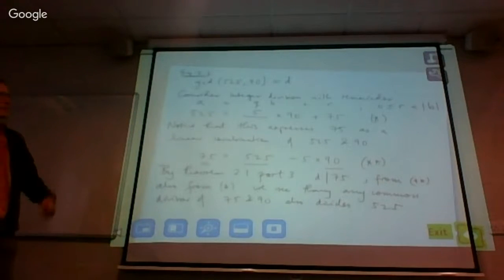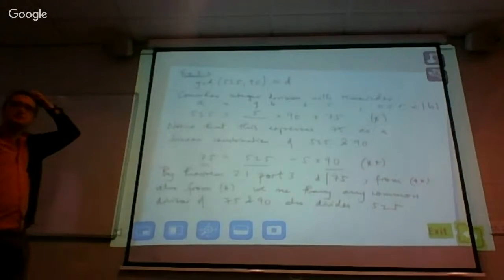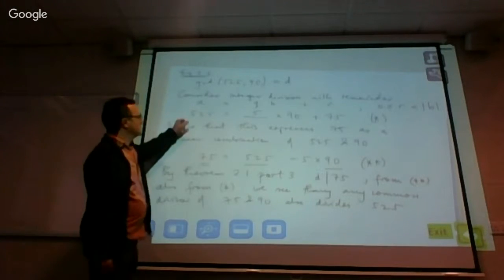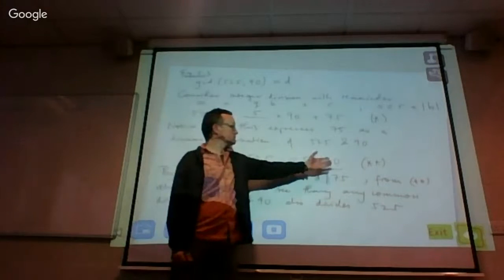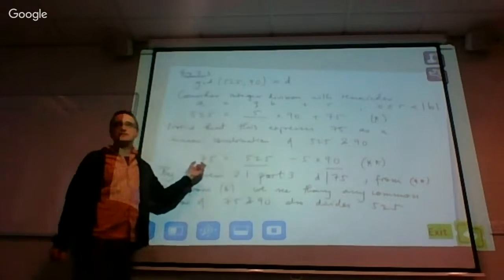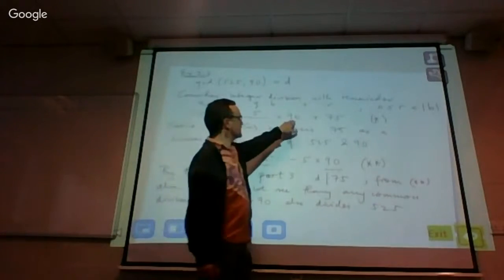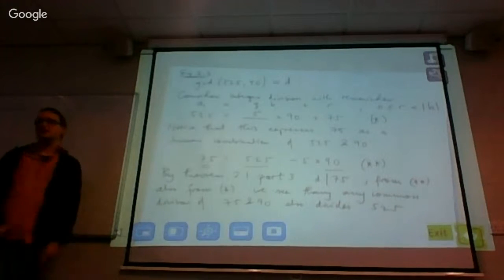So if you have any common divisor of 90 and 75, it must also be a divisor of 525. So what these two things establish for us is, first, the greatest common divisor of 525 and 90 has to be a divisor of 75. Secondly, every common divisor of 90 and 75 has to be also a divisor of 525.